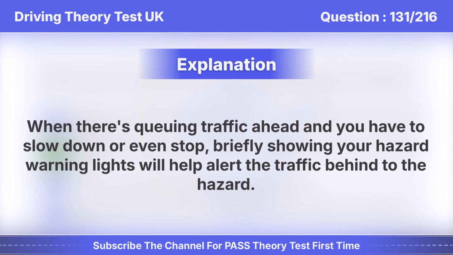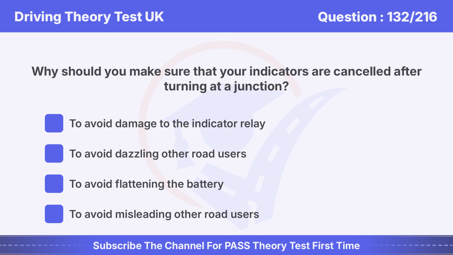When there's queuing traffic ahead and you have to slow down or even stop, briefly showing your hazard warning lights will help alert the traffic behind to the hazard. Question 132. Why should you make sure that your indicators are cancelled after turning at a junction?